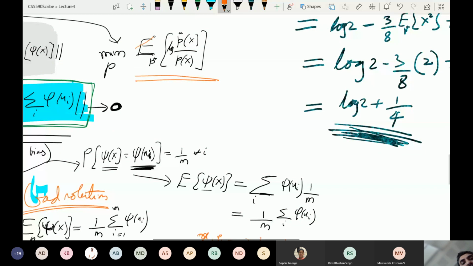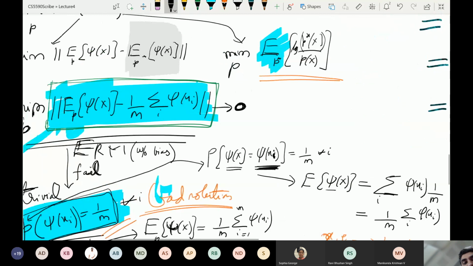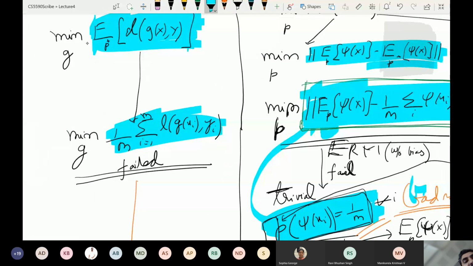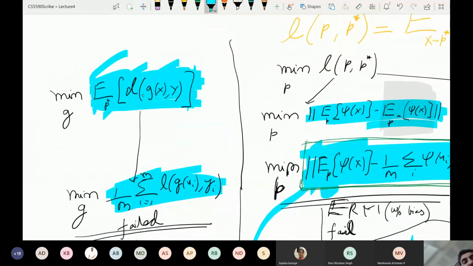There is one expectation involving the unknown distribution that can be approximated, but still there is this P star inside, right? That was never appearing in other objectives. So nowhere, if you recall, is P star appearing outside the expectation.